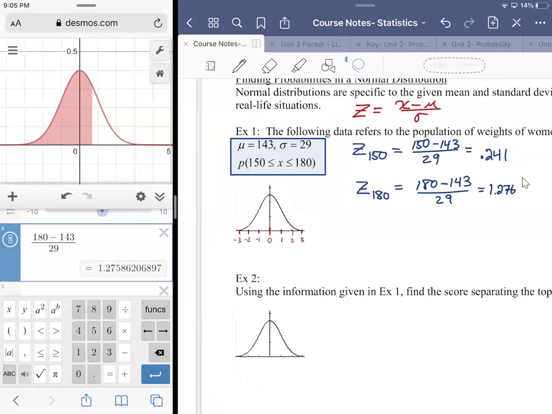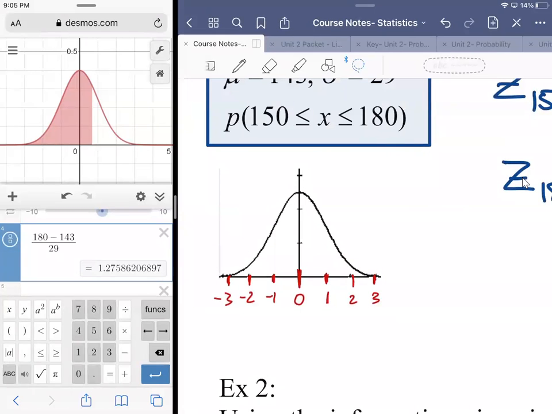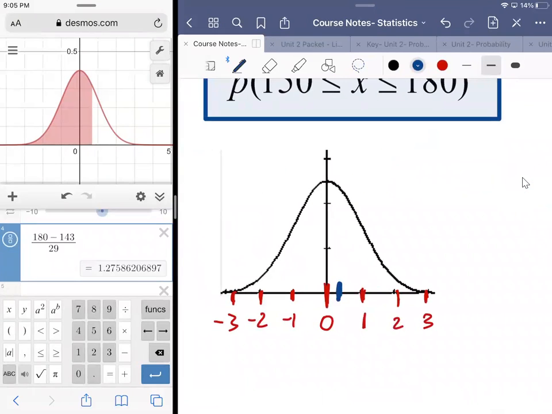It allows us to use the graph without having to rescale it to something other than 0, 1, 2, and 3 and the negative counterparts. So 0.241, just eyeballing that. And then 1.276, again, quick eyeball.